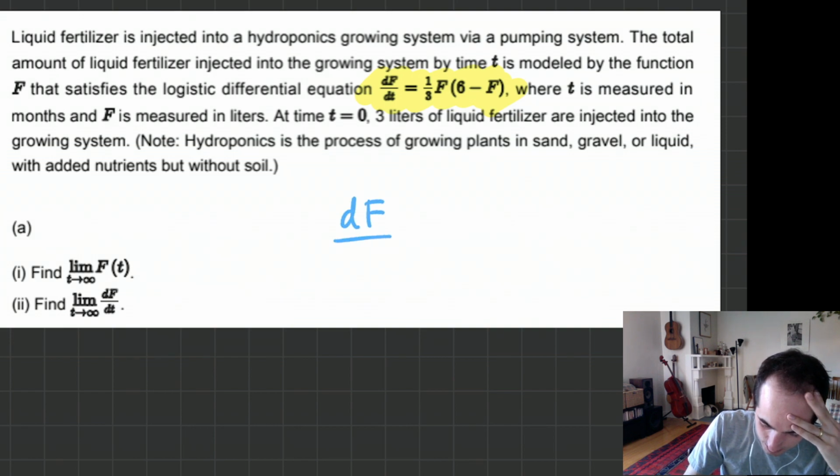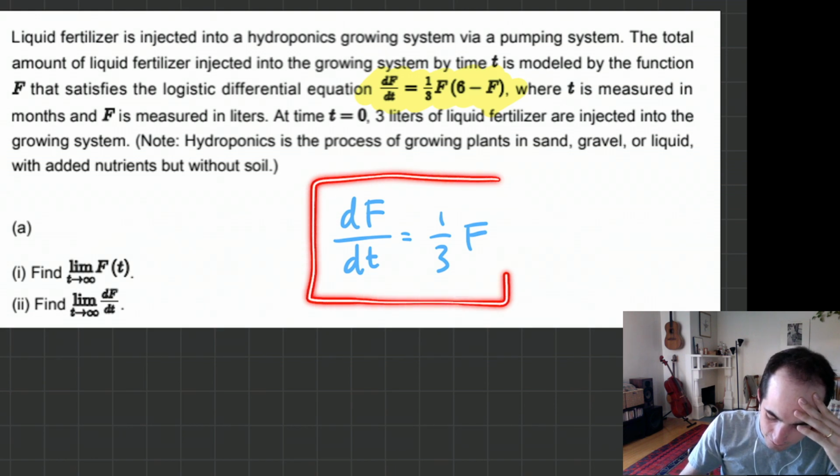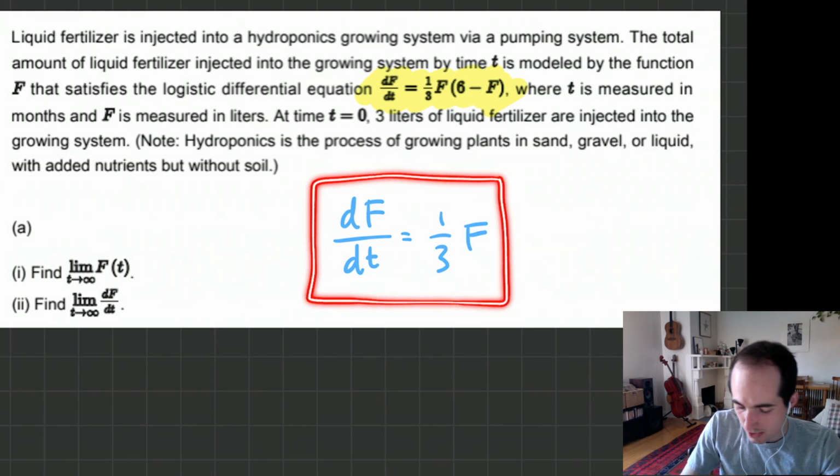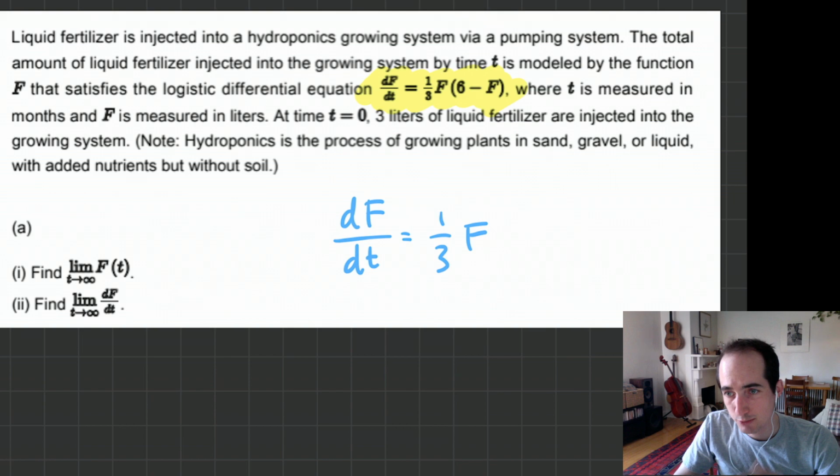df by dt, I'll write it again here, is 1/3 times f. Let's remember a couple of things before we move on. If this was the differential equation that it modeled, this would be an exponential function, because the function itself is proportional to its derivative.